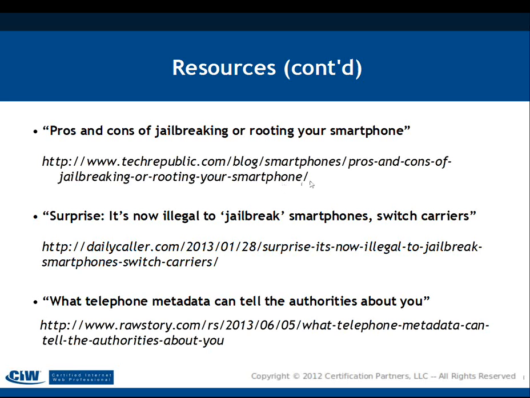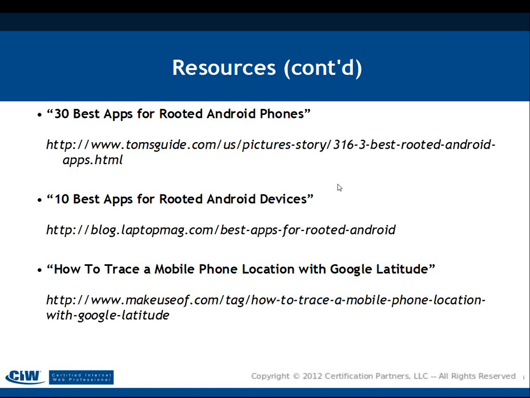It also helps explain how certain vendors out there have no problem offering jailbreaking software officially. There's some information about maybe how it's illegal to jailbreak certain things, what metadata is, and what it can tell authorities about you. So this is information that will help you install the best apps for rooted phones.